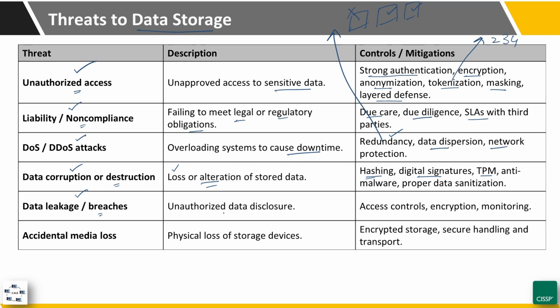So these are unauthorized data disclosure, and controls and mitigation against these threats are access controls, again encryption. So even if the data is leaked or breached, data is encrypted and would make no sense to the malicious actor that discloses the data or to any user. And also monitoring.